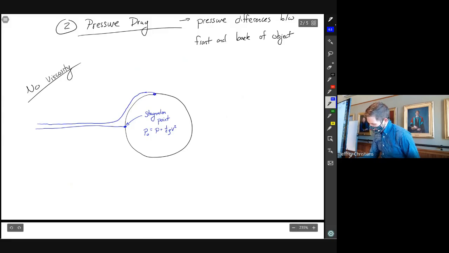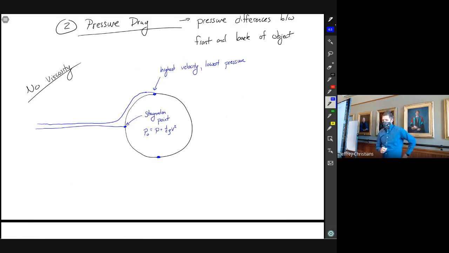At the top and at the bottom, the two poles of our object, we're going to have the highest velocity, so our lowest pressure. So we have the lowest pressure at that pole.